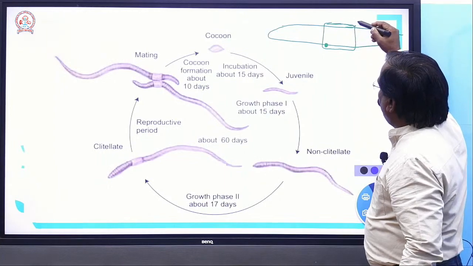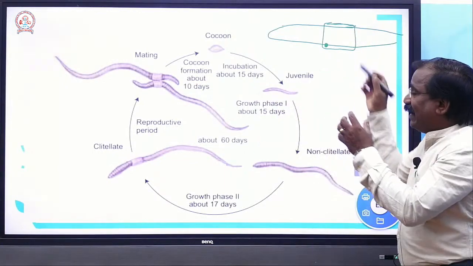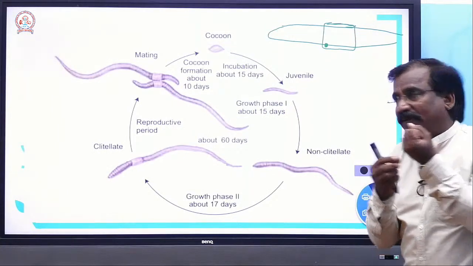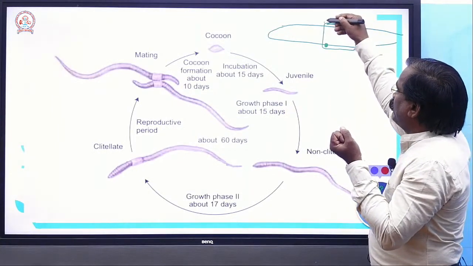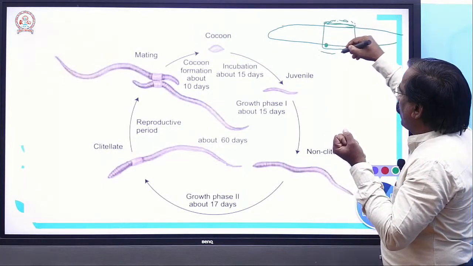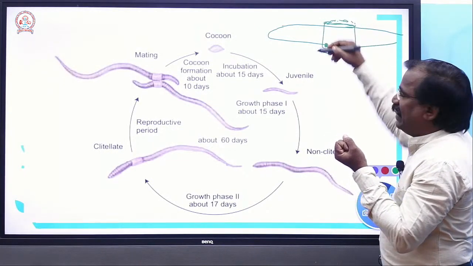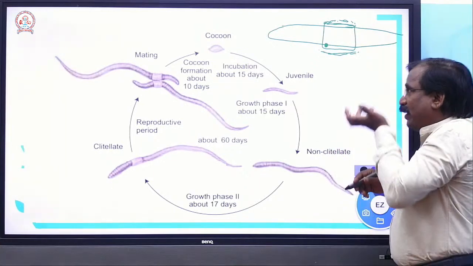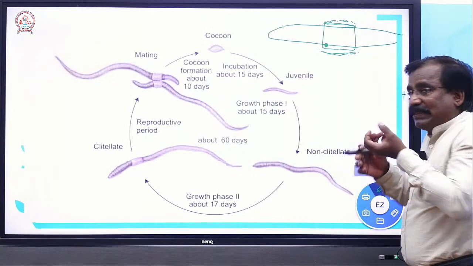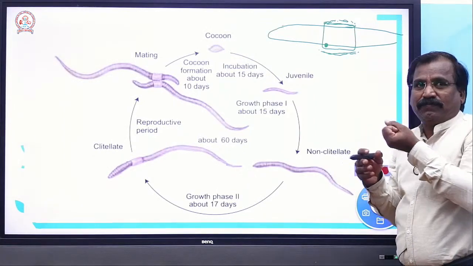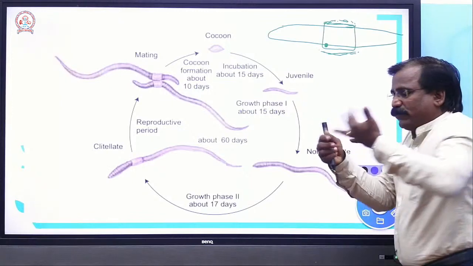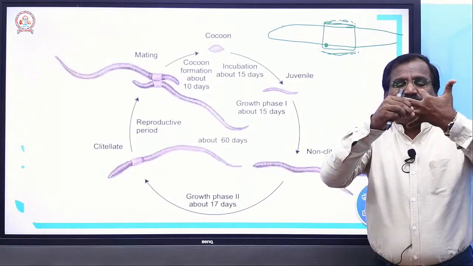And this clitellum, listen, very important, the clitellum produces a girdle-like structure. It produces a viscous, gelatinous, jelly-like substance around the clitellum. That girdle hardens by the wrinkling movement, just like a ring.